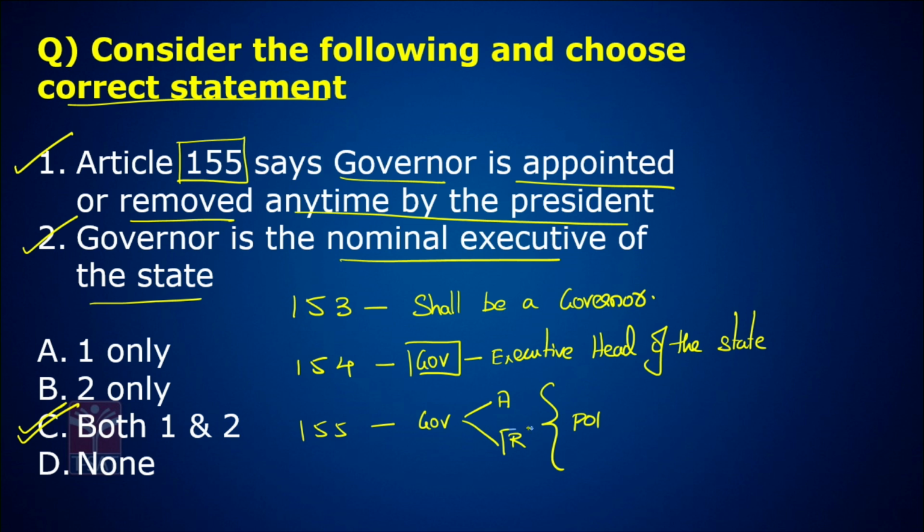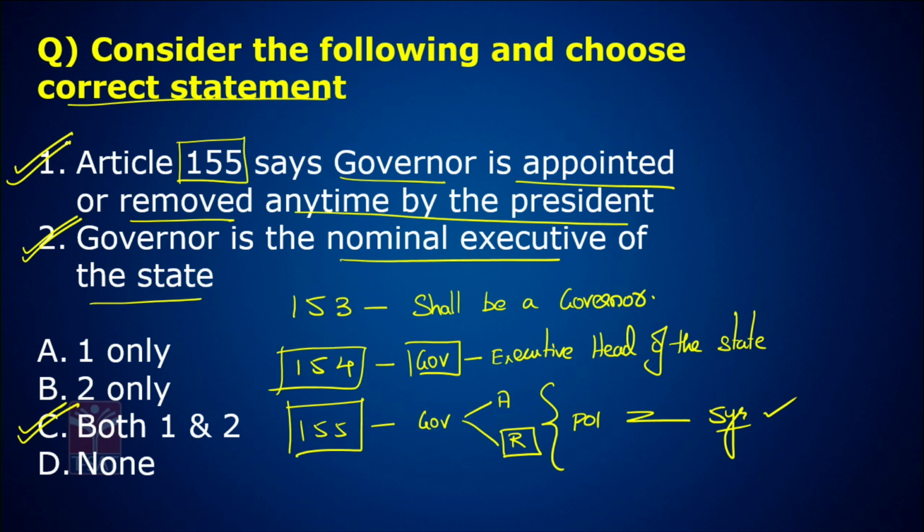If he is not removed any time, the governor will continue for 5 years as his term. So, this is Article 154. Governor is a nominal executive, and governor is appointed or removed any time by the President of India. Both the statements are correct.